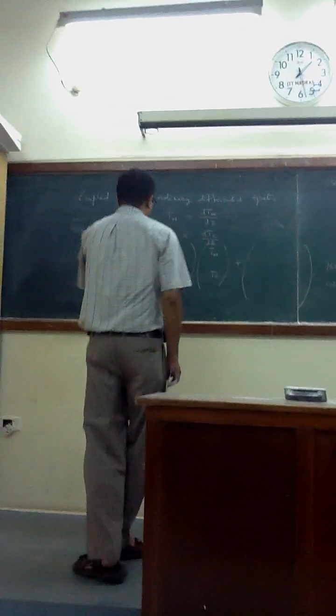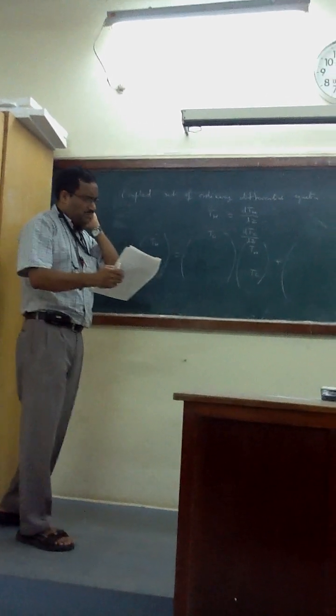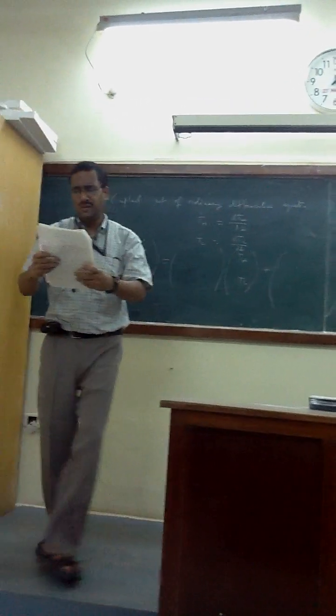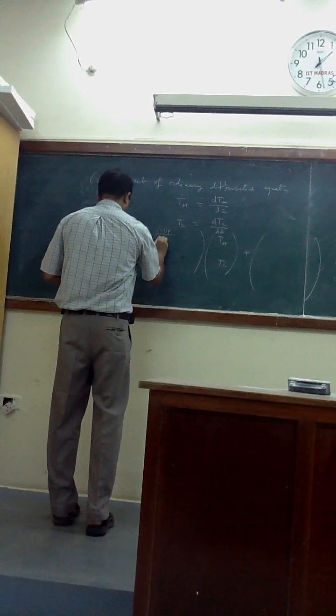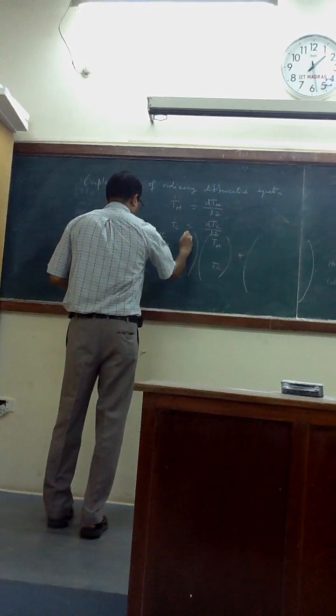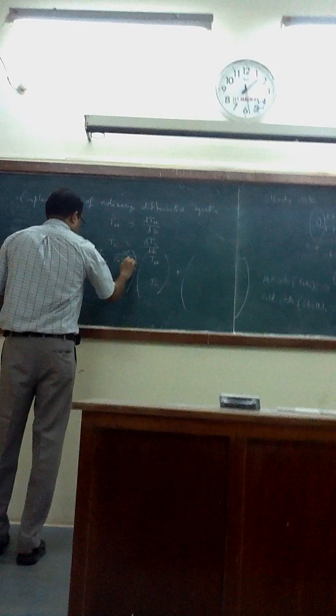Okay? What are my terms here? Minus UP divided by rho h, Cph, QH. Next, plus UP by rho h, Cph, QH.